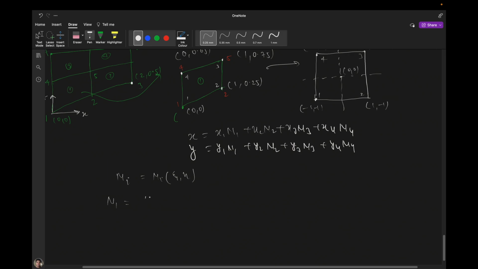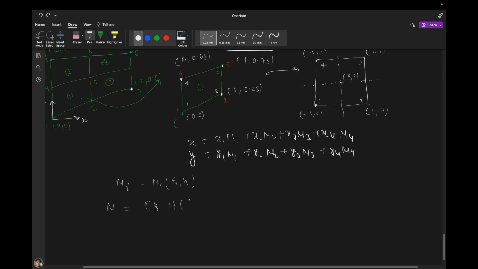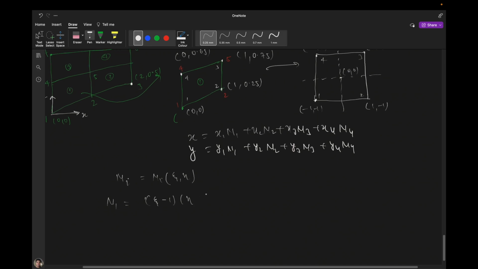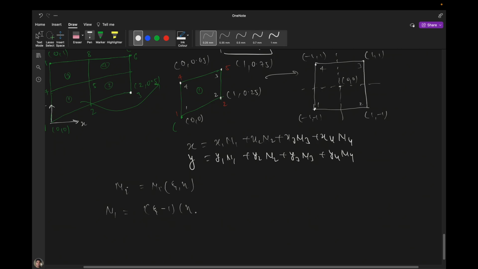So we already saw that it will be xi minus 1 and eta minus 1 divided by what, -1 and -1.